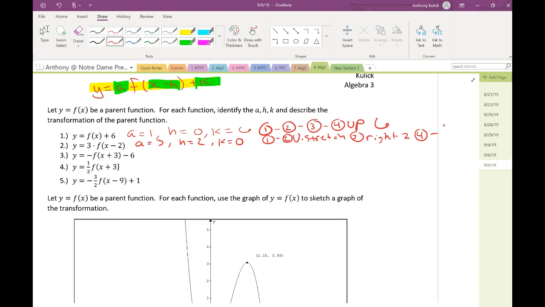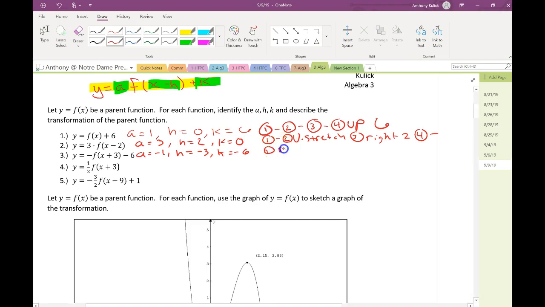For 3, what is the value for A, H, and K? So does 1 do anything? 1 is concerned with the sign on A. Since A is negative, 1 does something.